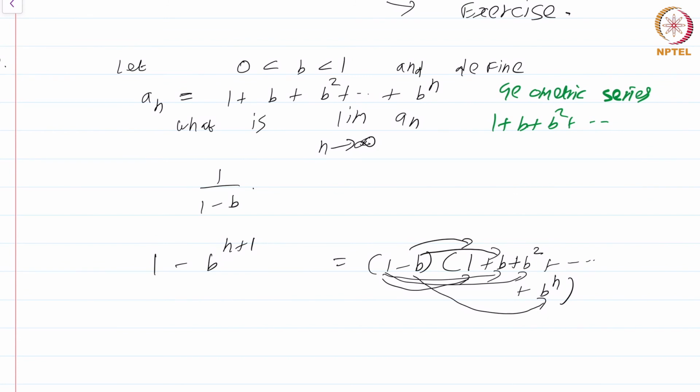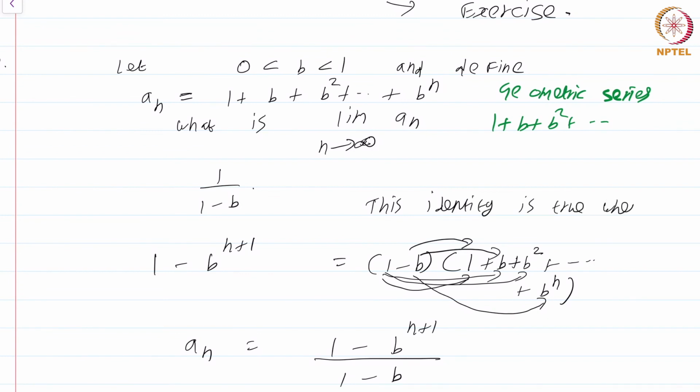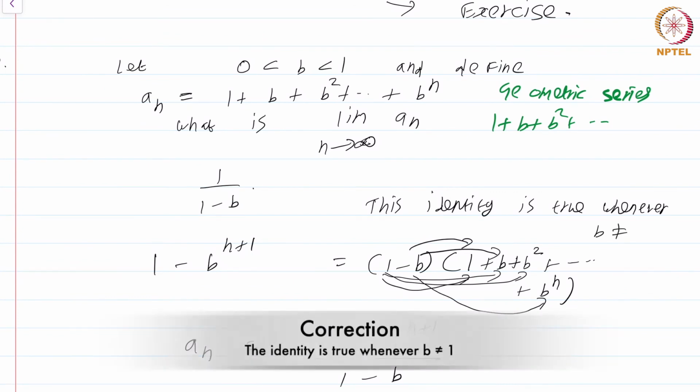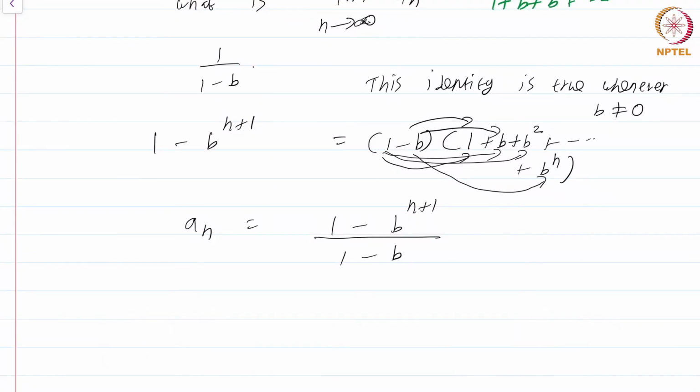So 1 - b^(n+1) is equal to (1 - b)(1 + b + b^2 + ... + b^n). So a_n is nothing but (1 - b^(n+1))/(1 - b). Now if you observe, this algebraic identity is true whenever b is not 1. So we have a_n = (1 - b^(n+1))/(1 - b).